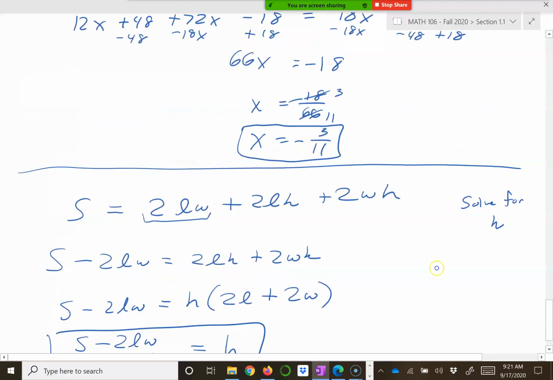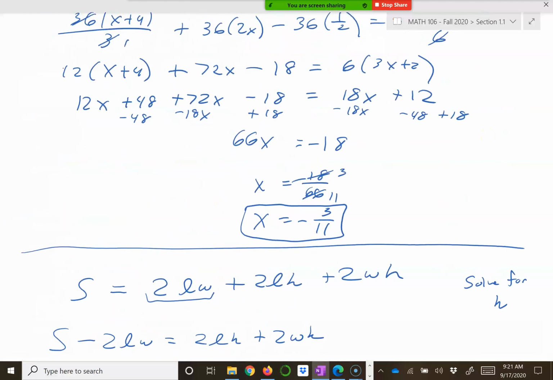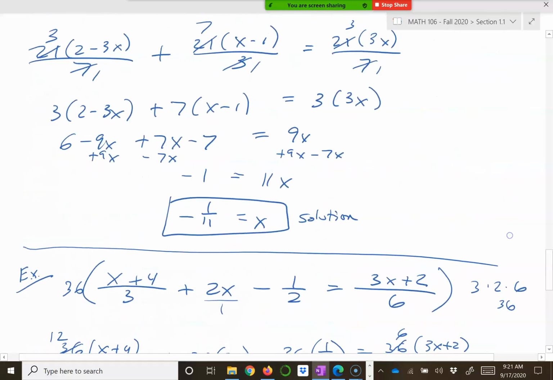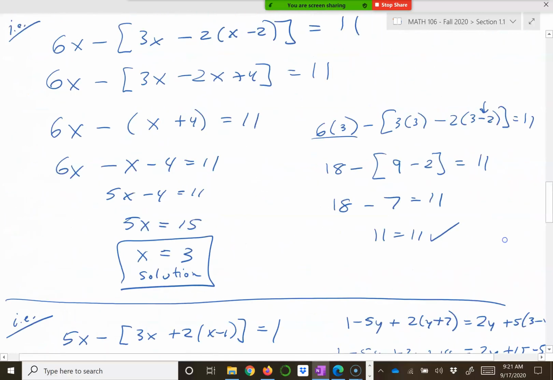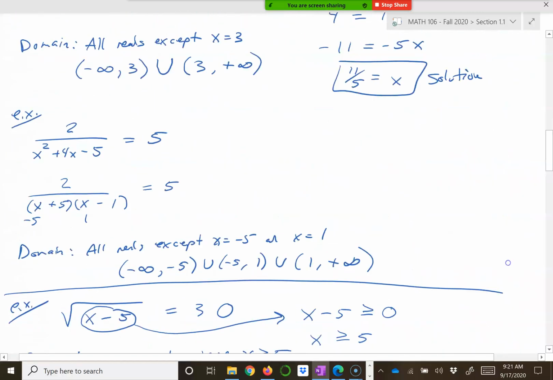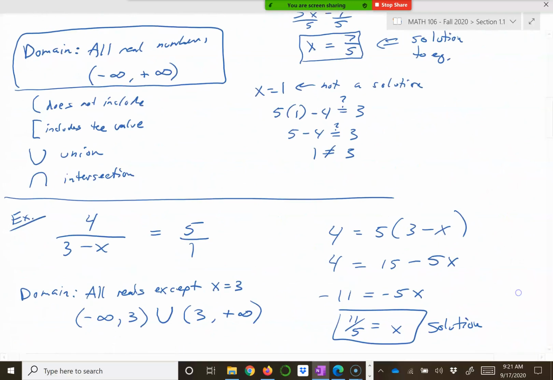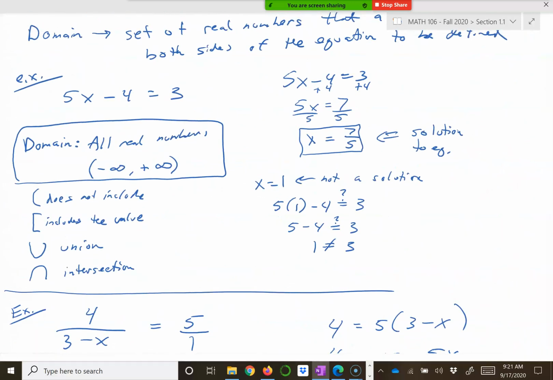Now, I mentioned to a couple people that once you get past the P sections, each section is very specific on what you have to do. And this one was really specific, right? We talked about the domain, so find the domain of an equation, and I gave you the different types.